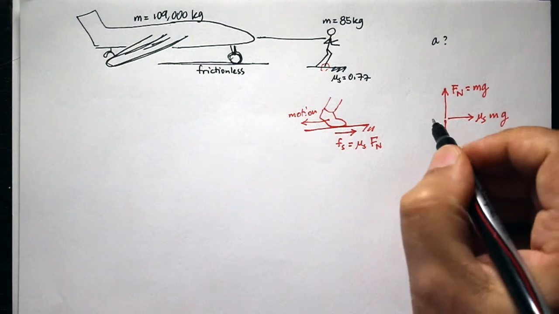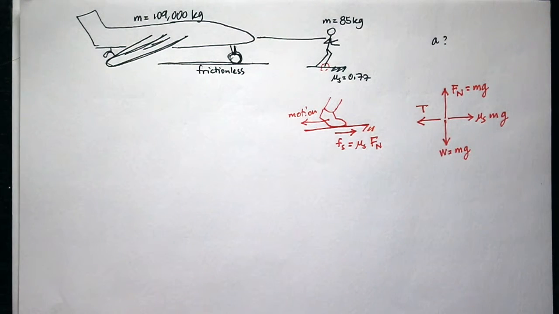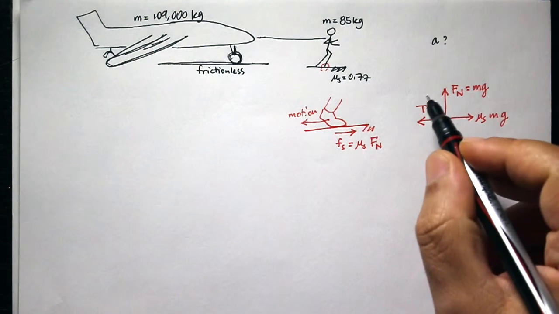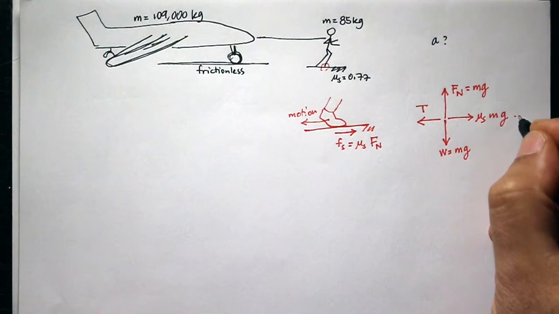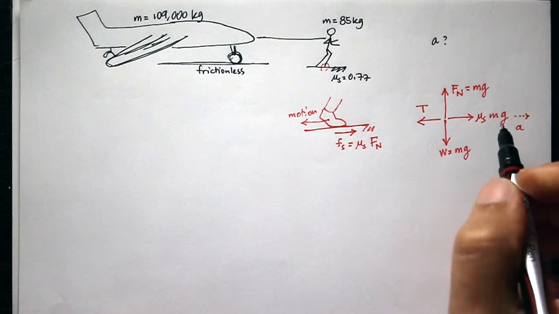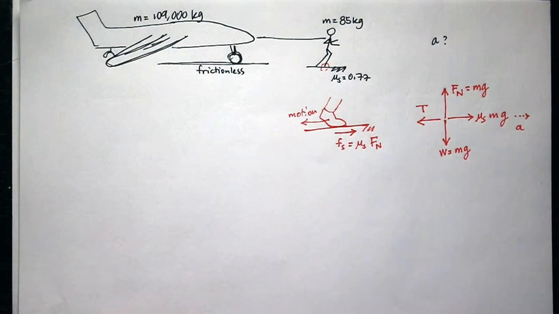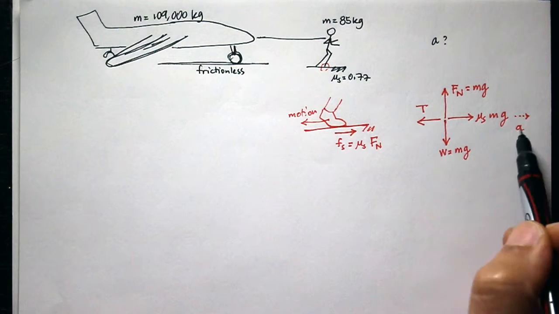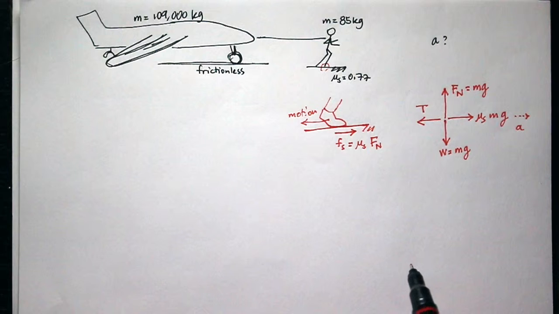The other thing that is acting on the man, of course, is the tension from the rope. So I could solve this. I could say the man is moving in this direction with some acceleration a. So in the x direction, I can look at the net force and equate that to the mass of the man multiplied by the acceleration.